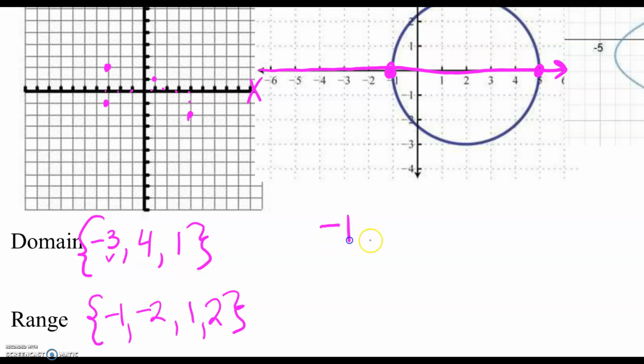So we start at -1, we stop at +5, and x is all the numbers in between those, including -1 and 5. We also can write this with brackets, saying -1, 5. And this means the same thing as this. I read this as x is between -1 and +5.